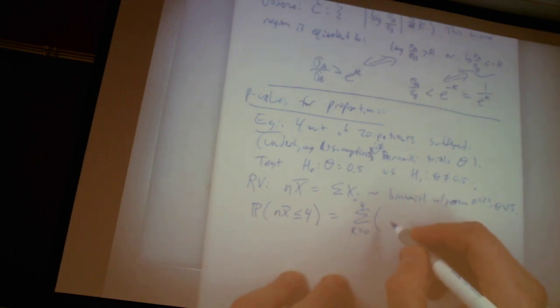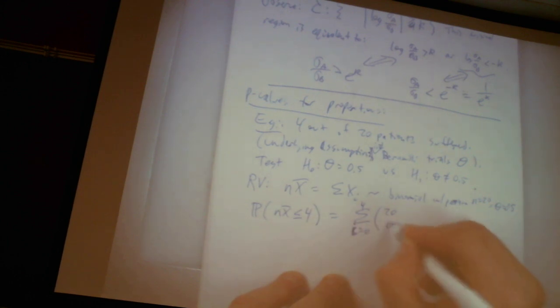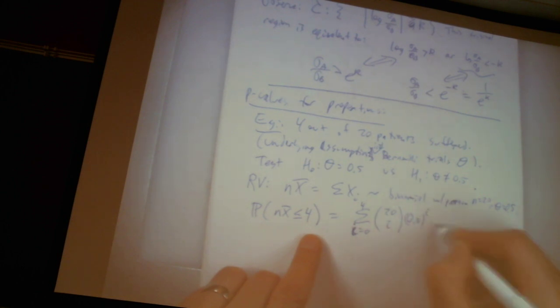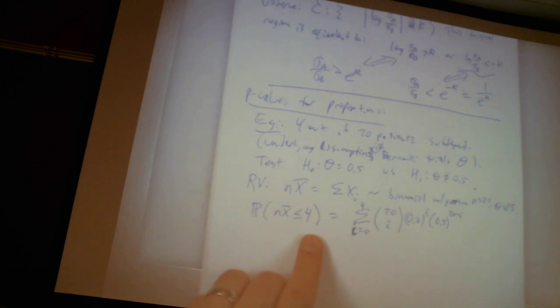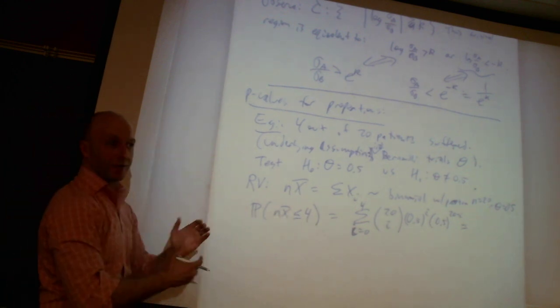So this is 20 choose k, or let's call it i. 20 choose i, theta to the i, 1 minus theta to the 20 minus i. That's the probability of an outcome, this much of a tail of the outcome over the Bernoulli.